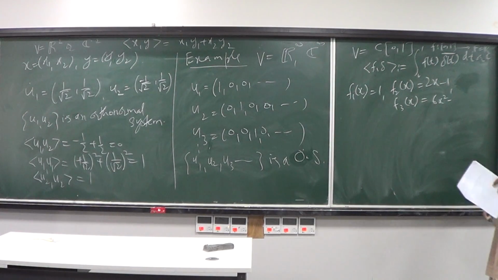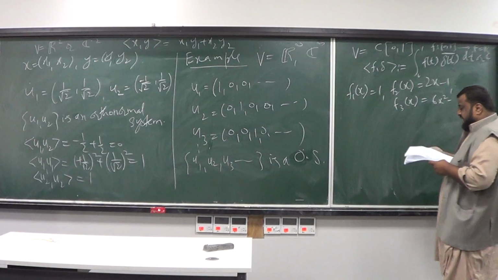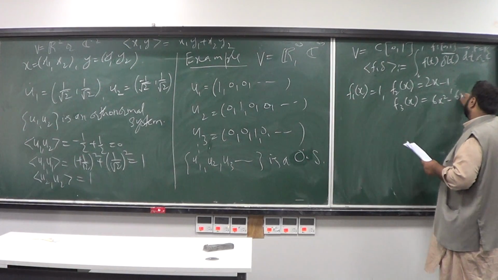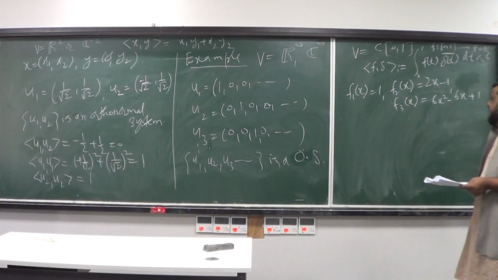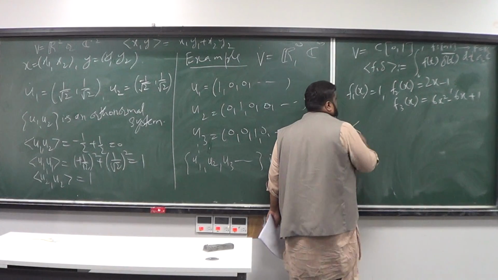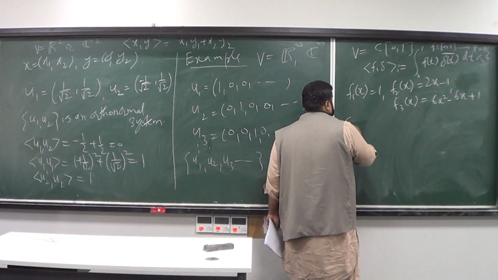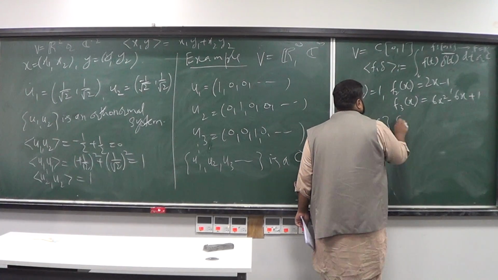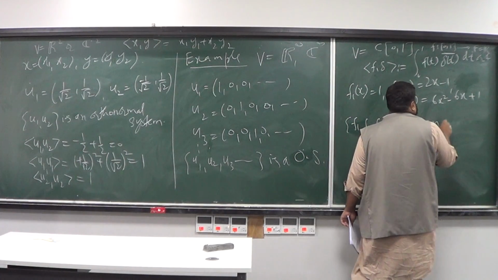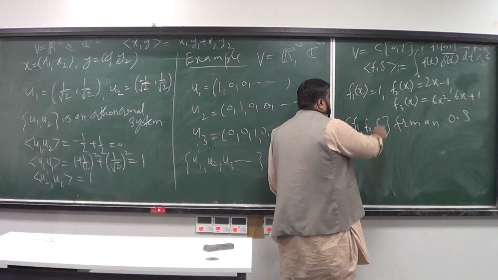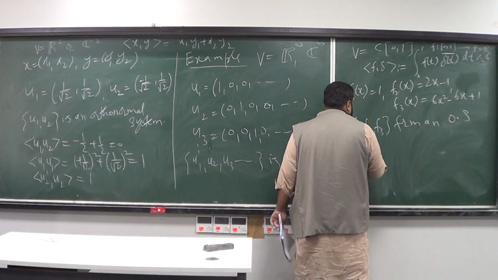Anyway, consider these three vectors, and you can easily verify that these three vectors, f1, f2, f3, form an orthonormal system.